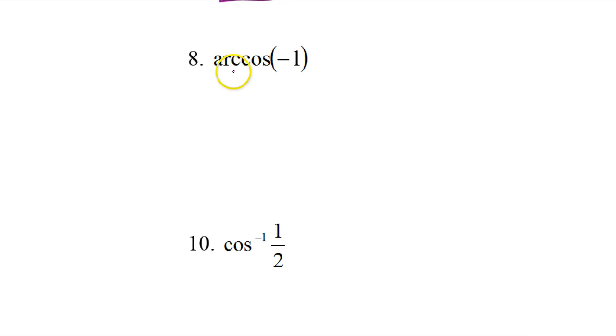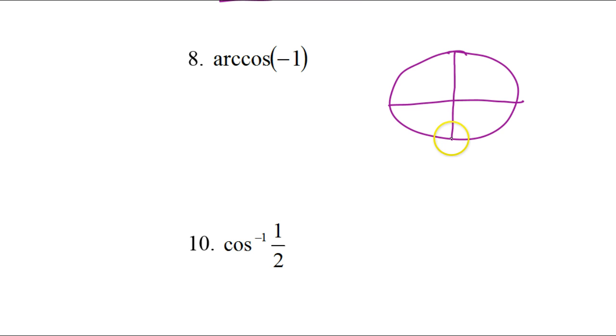Okay, again, arc cosine of negative 1. This is an angle. It's the angle whose cosine is negative 1. Okay, so what angle has a cosine of negative 1? Let's look at the unit circle again. Alright, cosine is an x value on the unit circle. An x value of negative 1 would be right here. That's the only place on the unit circle that has an x value of negative 1. This is negative 1, 0. That's the cosine right there, the x value.